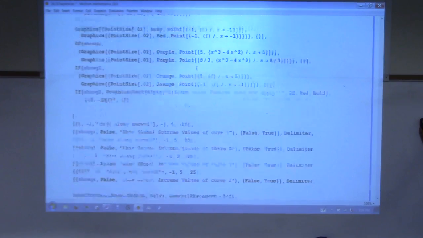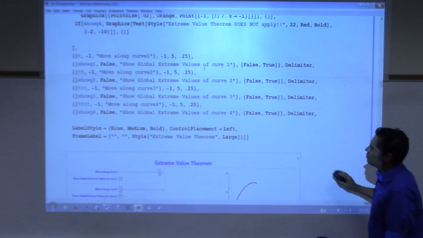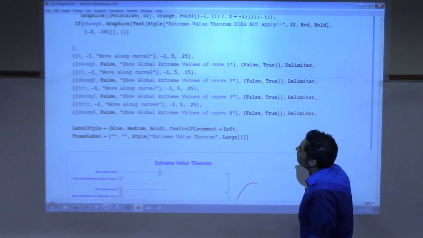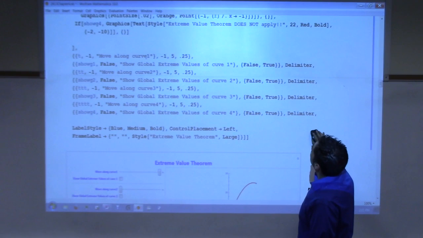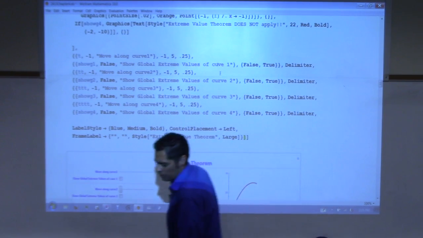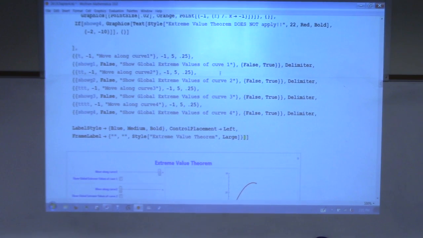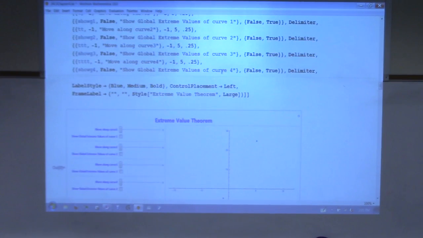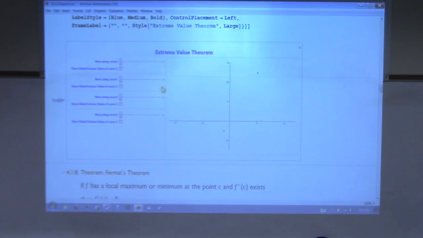Just got to find it in my code. Oh, there it is. Curve. Thank you. I'm glad that you're paying attention to something up there. That's pretty hard to notice. All right, there we go.